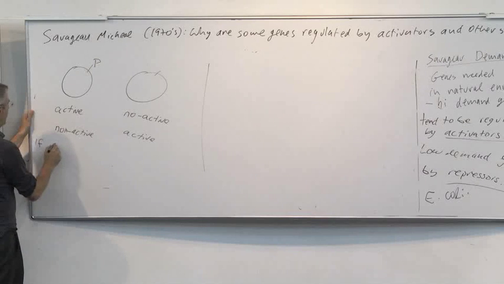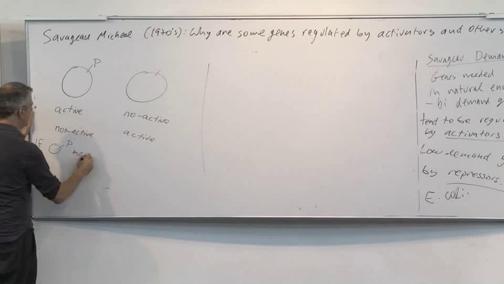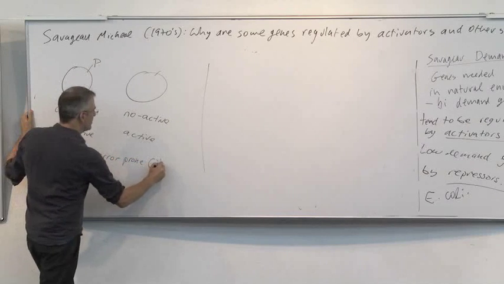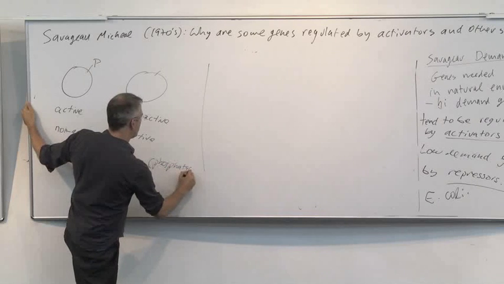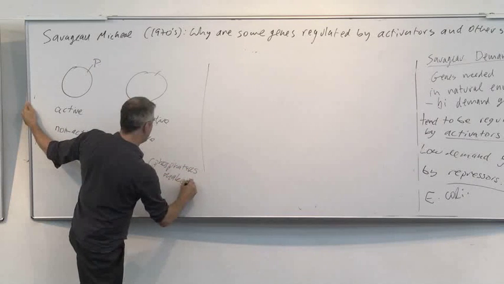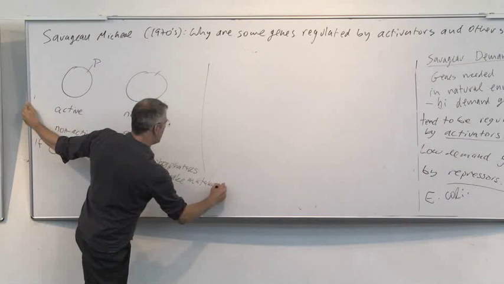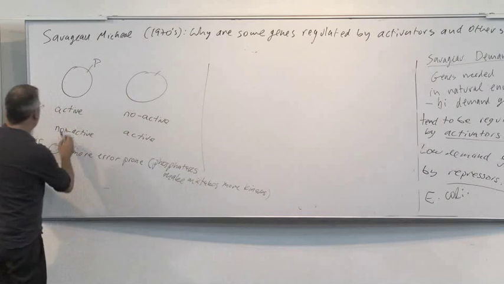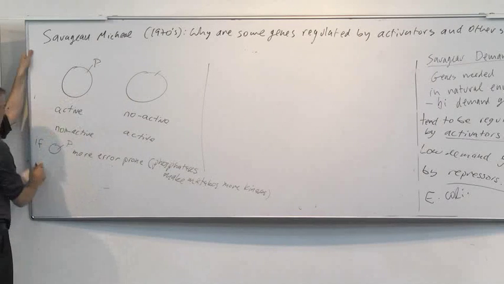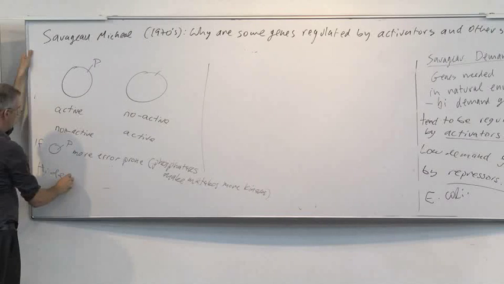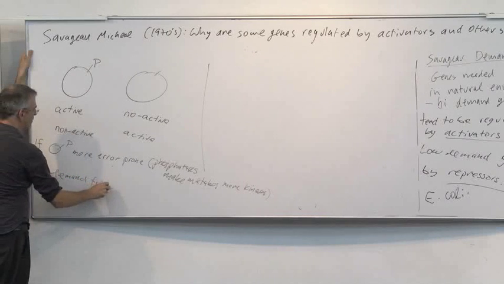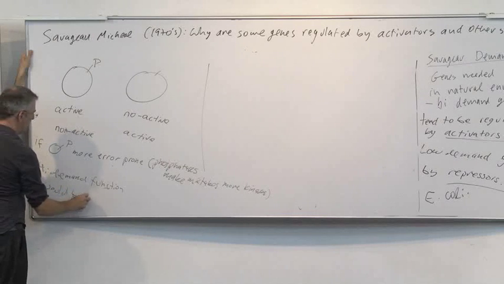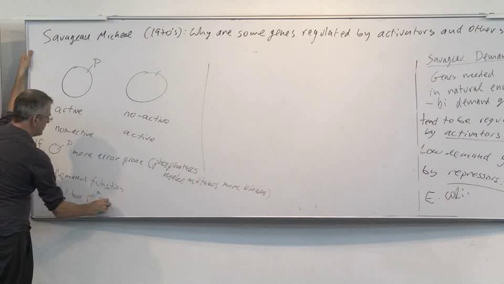If the phosphorylated state is more error prone, that's to say the phosphatases make mistakes more than the kinases, the ones that put on the phosphate, then a high demand function would be phosphoinactive.